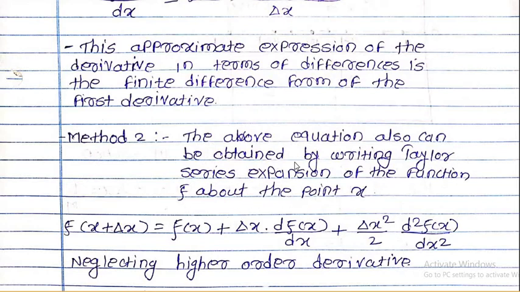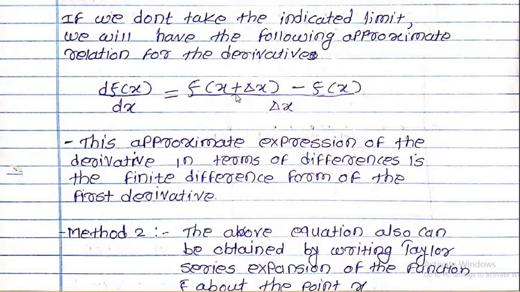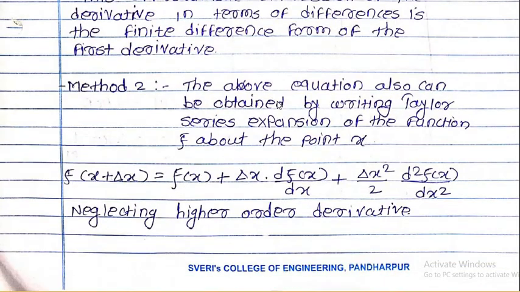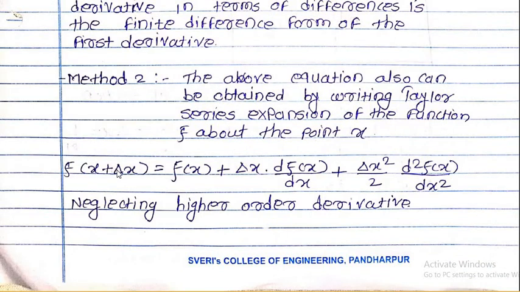So the expansion of f of x plus delta x by Taylor series is given as f of x plus delta x multiplied by the differentiation of f of x with respect to x, plus delta x square divided by 2 times the second differentiation of f of x divided by dx square, and so on.